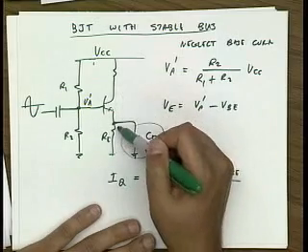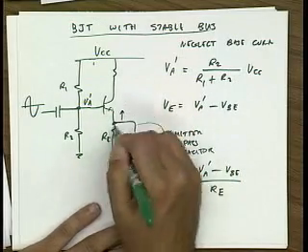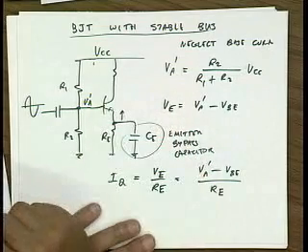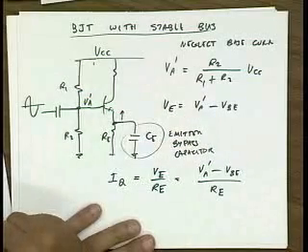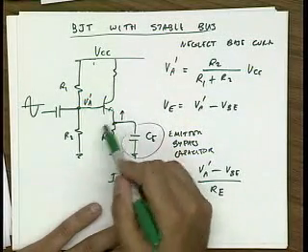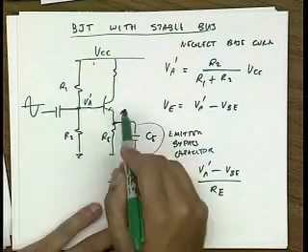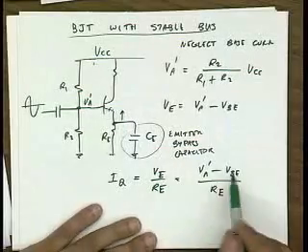As the DC current increases, that would increase the average voltage here, which would reduce VBE, which would tend to decrease the DC current. So intuitively, we can see that the action of RE is negative feedback for the bias current, which forces the current to average out to this value.